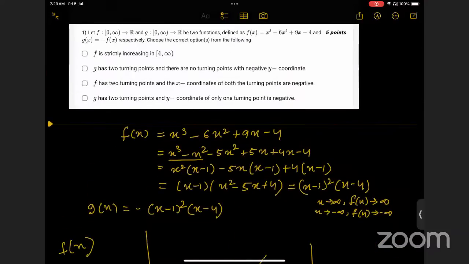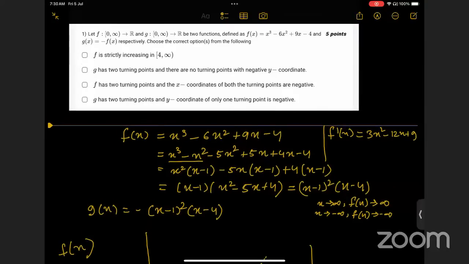Okay. And what were you saying? Derivative and then? So you have f(x) equals this. Now, if you find the derivative of f, it is 3x squared minus 12x plus 9. For x greater than 4, you can see that f'(x) will be greater than or equal to 0.